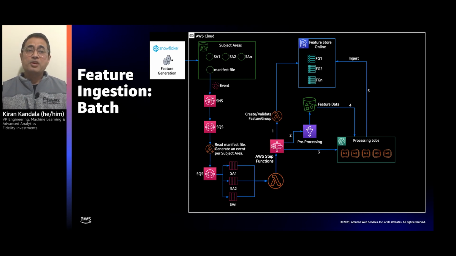Also, the SageMaker processing job offers various parameters to be able to tune and scale horizontally. For example, the number of workers, number of threads, and also the number of instances. Roughly, we are ingesting around 17 feature groups for this particular use case in batch mode, but this whole architecture is configurable, where all we have to do is update a configuration file to be able to ingest the remaining subject areas.